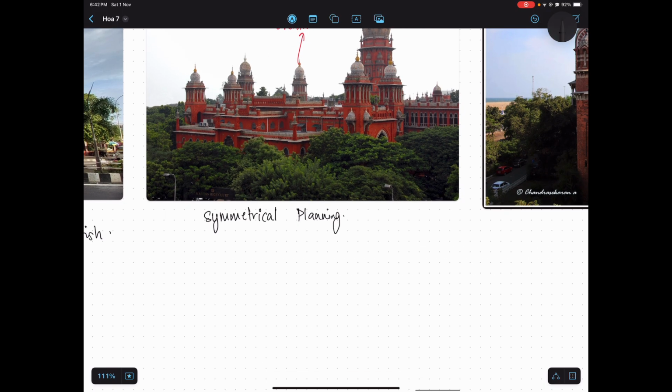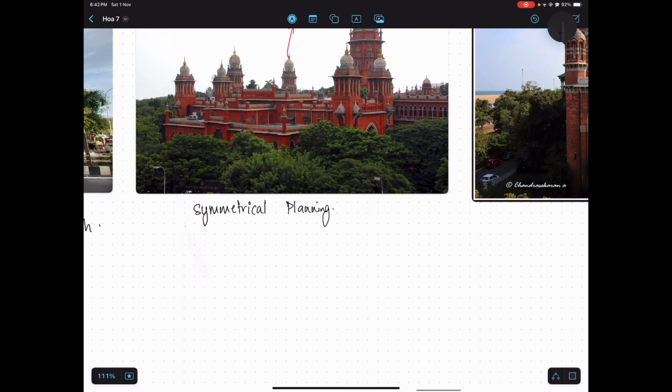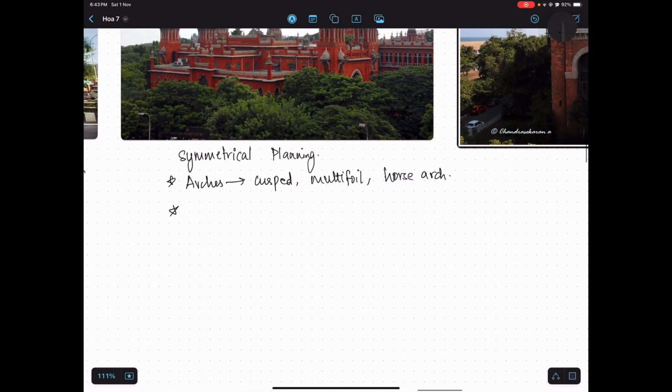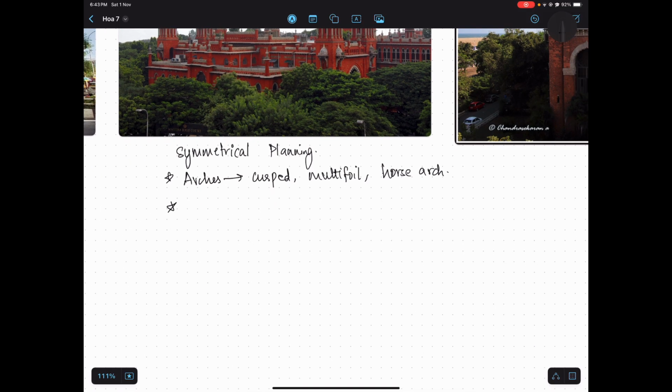And it had a variety of arches. So it had cusped arch, multifoil arch, horseshoe arch, among others.